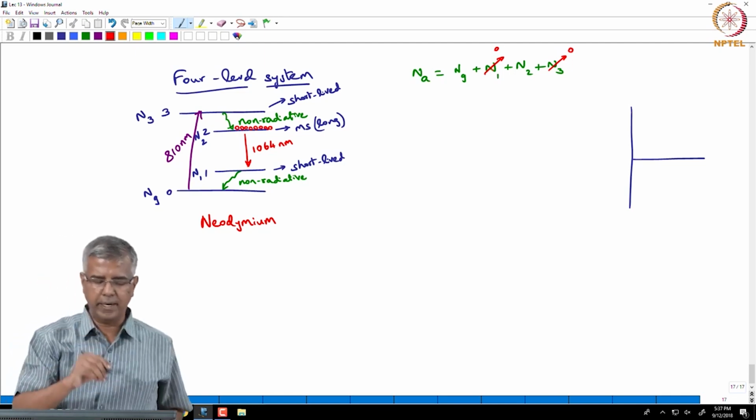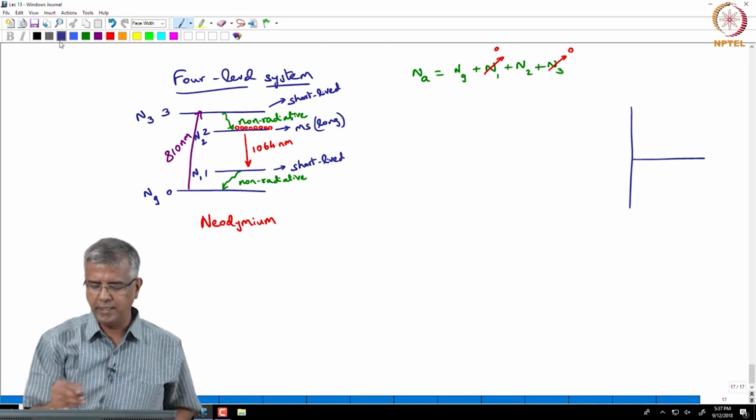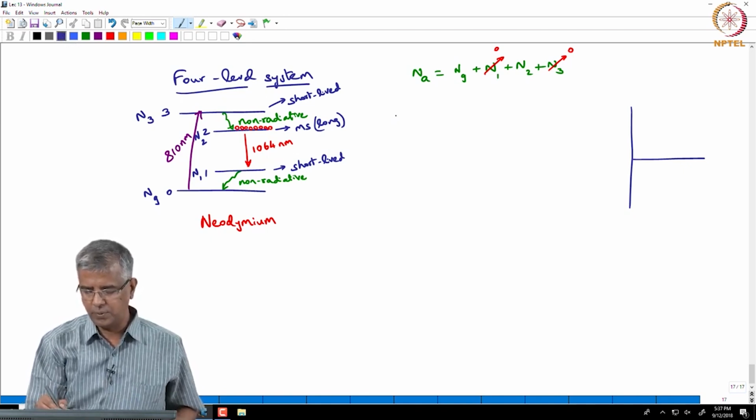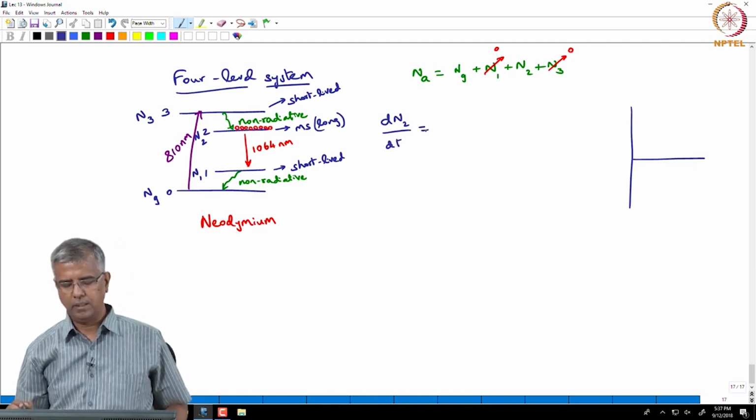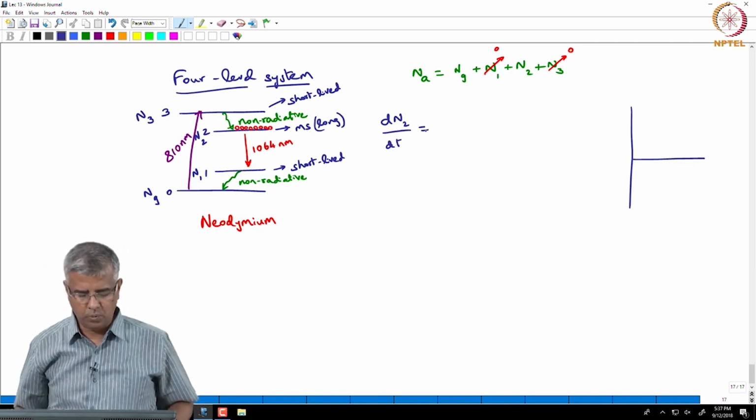So, I can go ahead and write an expression for the rate equation for N 2 and N 1. So, dN 2 over dt is going to depend upon what?